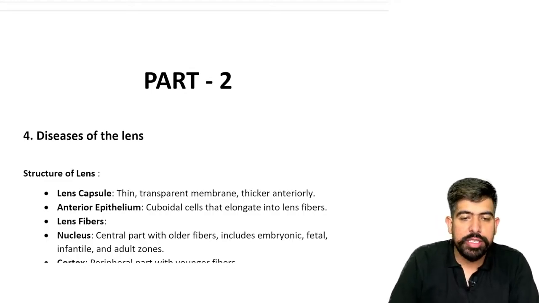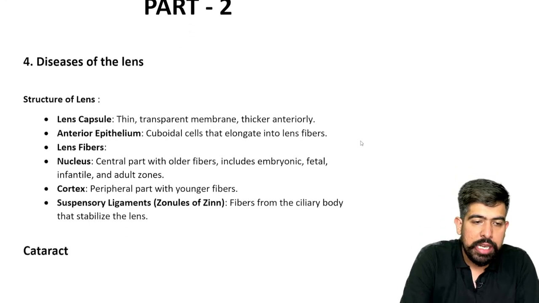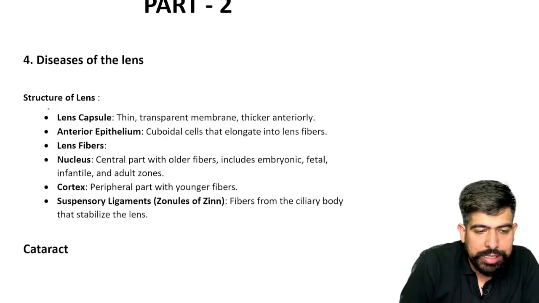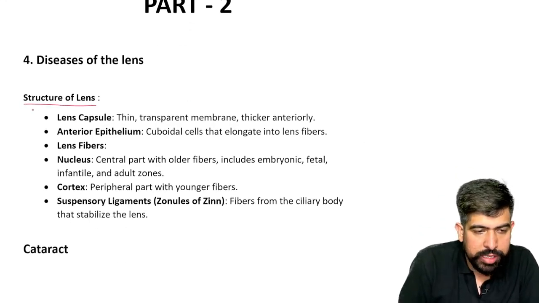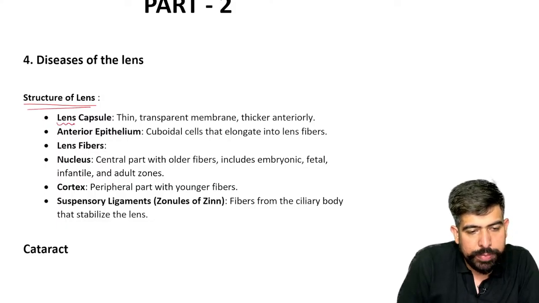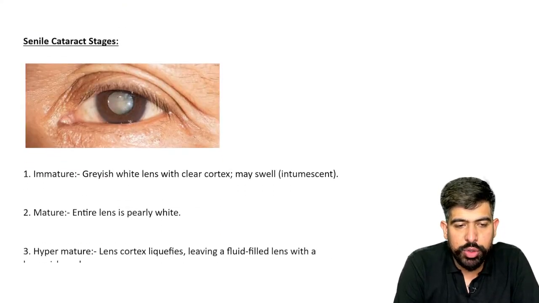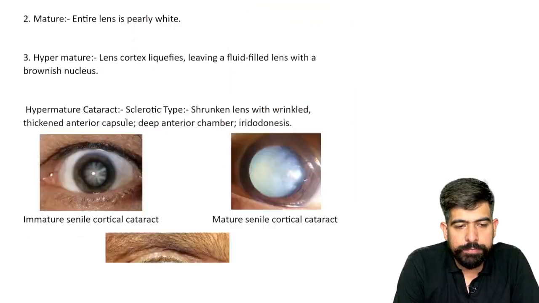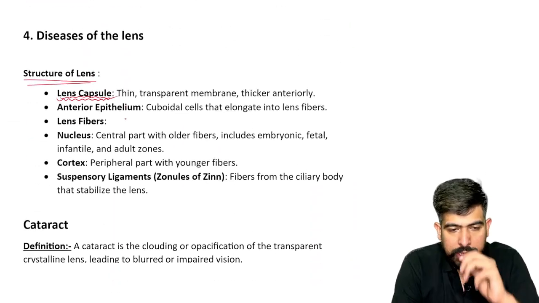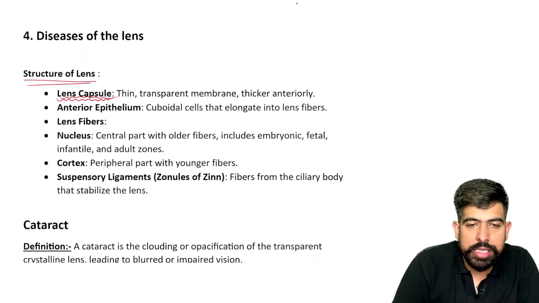First of all, the outermost part of the lens, which is covering the whole lens, is the lens capsule. I'm showing you by drawing a diagram how the lens is covered with the capsule.